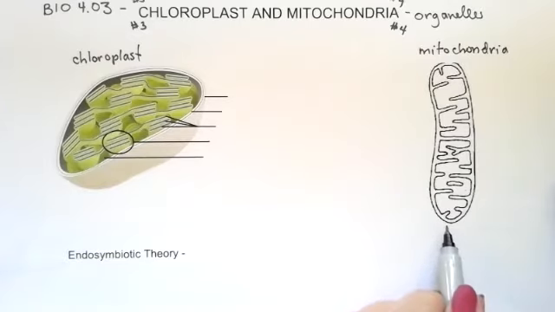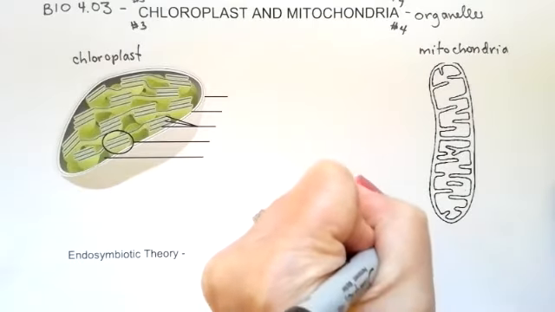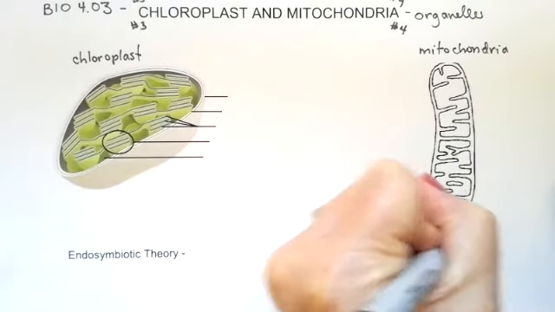Mitochondria are found in most, almost all organisms, but especially in eukaryotes. So even plants have mitochondria. Found in eukaryotes.